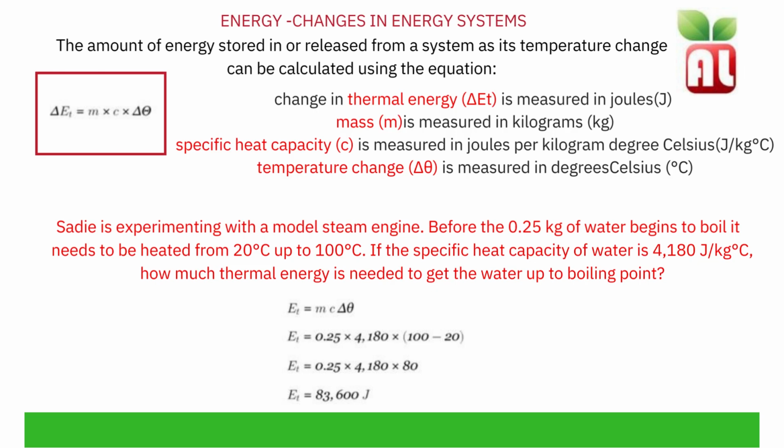So the change in thermal energy is calculated by doing mass times specific heat capacity times temperature change. That's 0.25 kilograms times 4,180 joules per kilogram degree Celsius times a temperature change of 80 degrees Celsius, giving us a change in thermal energy of 83,600 joules.